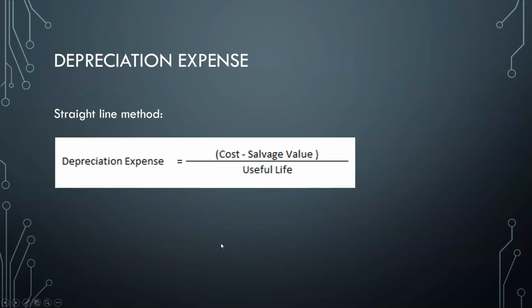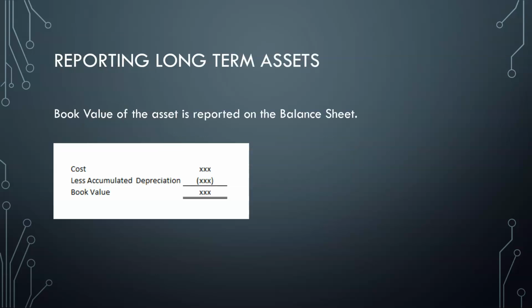Now, that's how to calculate depreciation expense. Depreciation expense, as you know, is an expense, therefore it's going to be reported in the income statement. The long-term asset is an asset, and that will be reported in the balance sheet. However, when we report long-term assets in the balance sheet, we're going to report something called the book value.